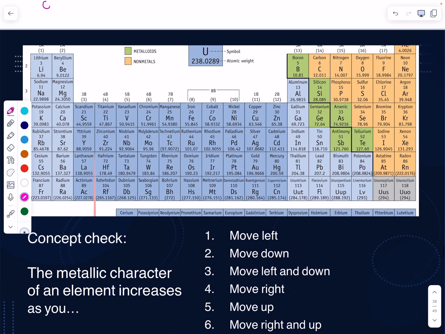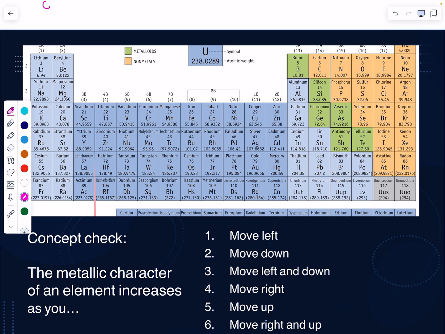If we look at the periodic table and think about whether something is a metal, or whether it has metallic properties, let's think about moving around the periodic table, because the whole point of the periodic table is to let us predict properties based on position relative to other elements.